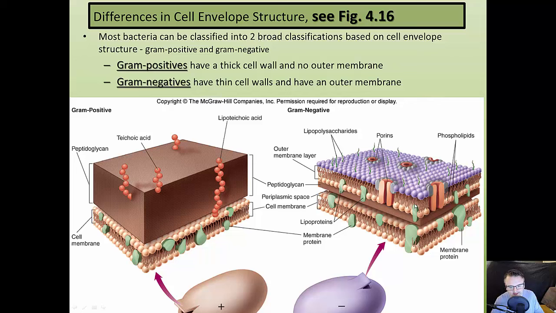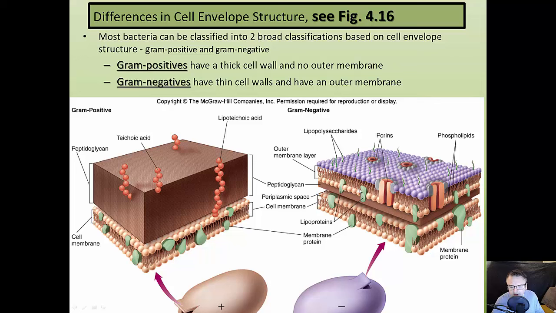The other character then is that they have an additional layer called the outer membrane. And this outer membrane is a similar structure to the cell membrane, but it's made up of a slightly different molecule called a lipopolysaccharide. And these lipopolysaccharides, we'll talk about those later because they can actually be toxic, and these can have a negative effect on animals.